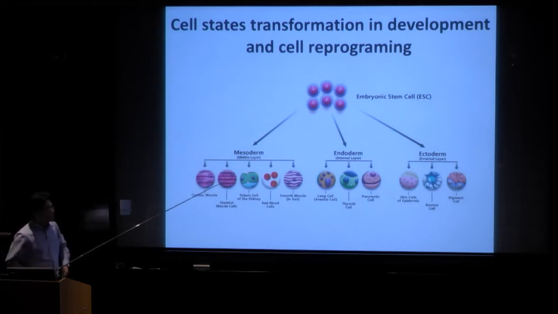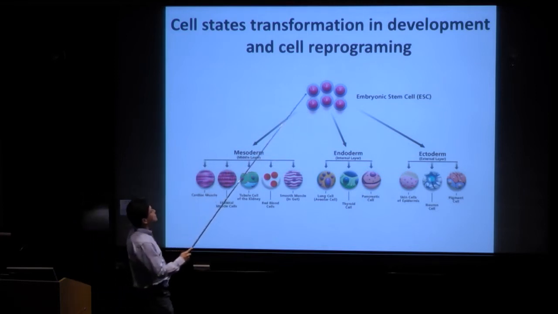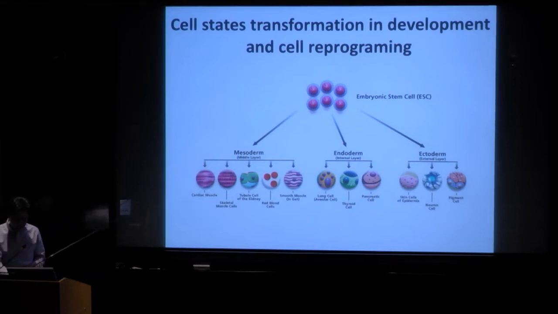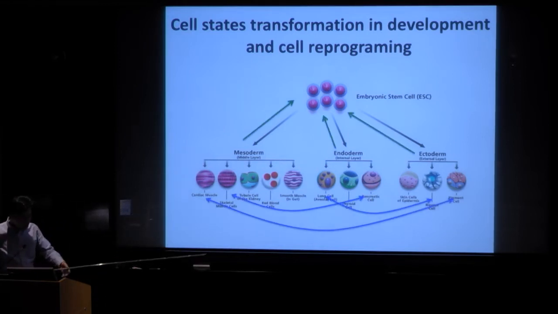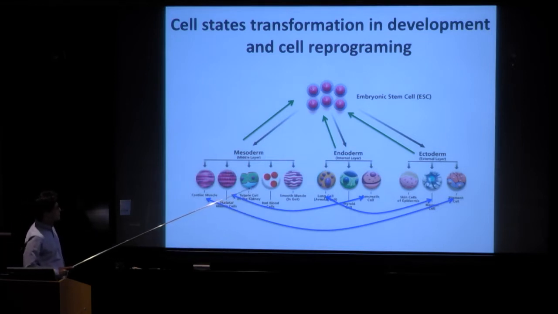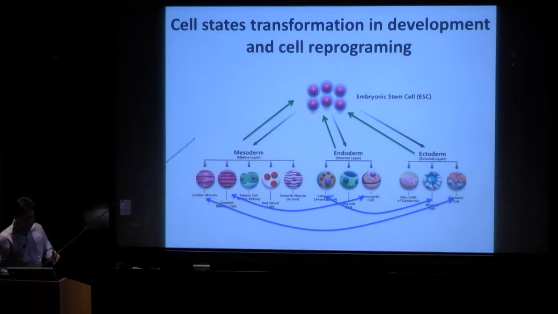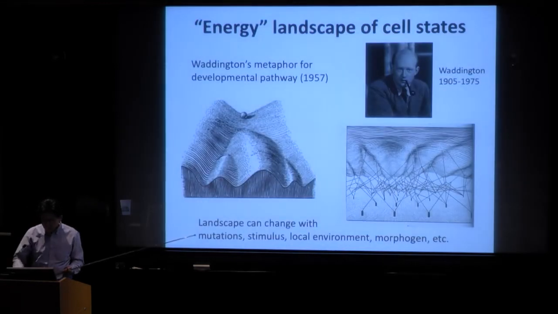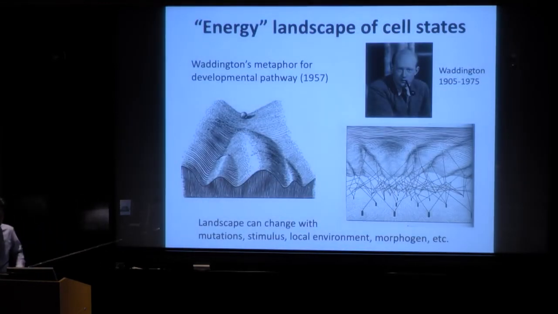Okay, so stem cells. Each one of us, as you know, is from a single stem cell and then developed into several hundred different cell types. And biologists are interested in the transformation between different cell types, or better, from a differentiated cell back to a stem cell. And this has many potential applications, right? I think most people know this very famous Waddington landscape.